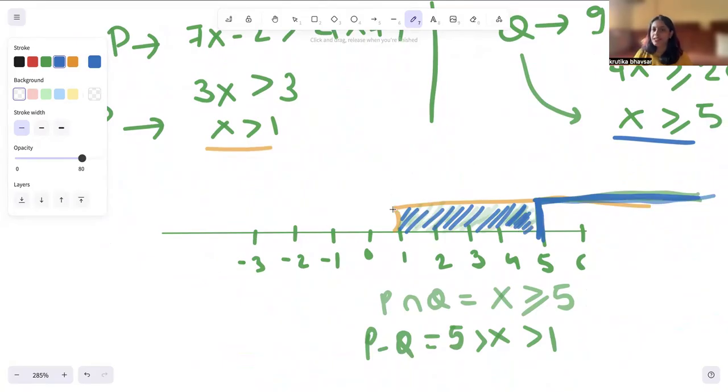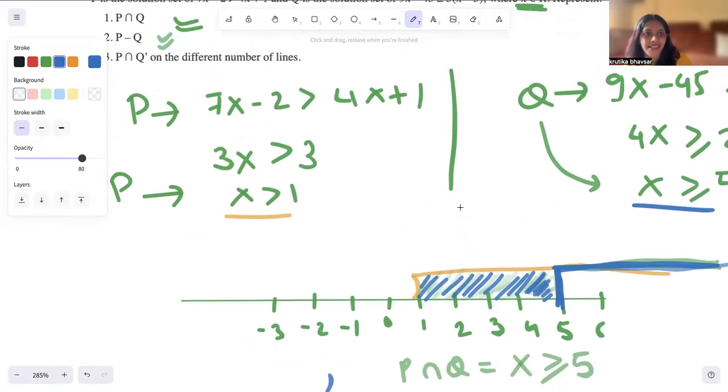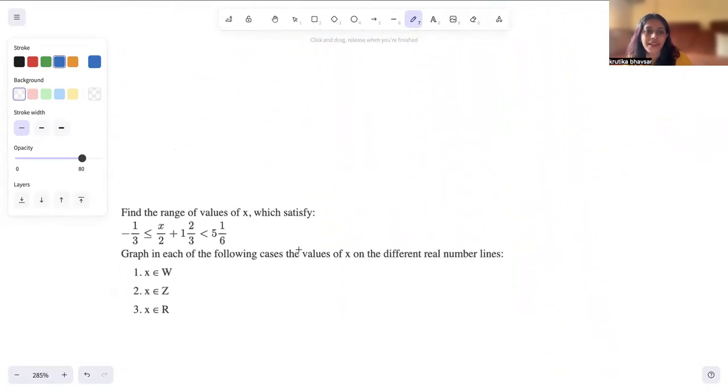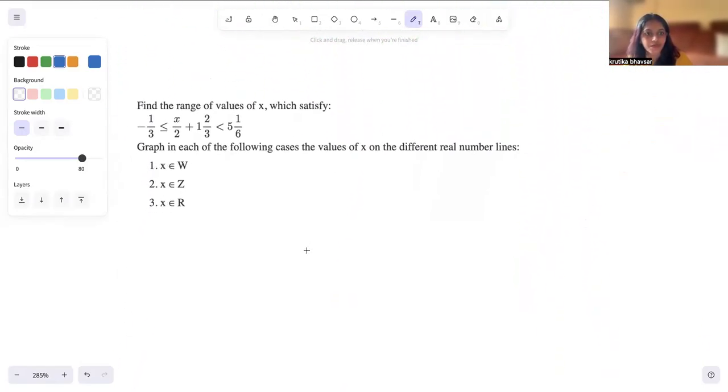Intersection of P starts from 1 to infinity and Q starts from 5 and it includes 5. So all the values less than 5. So this is actually the same thing for P intersection Q complement. I hope this makes sense. Let's quickly move to the next question.